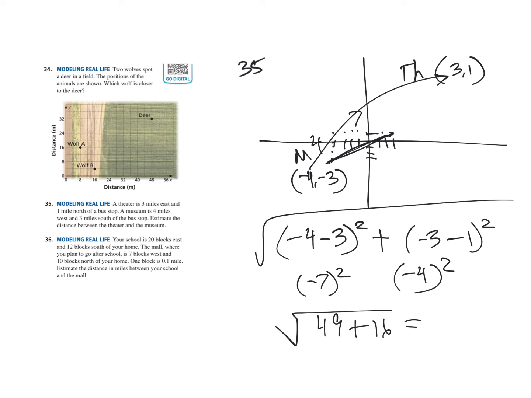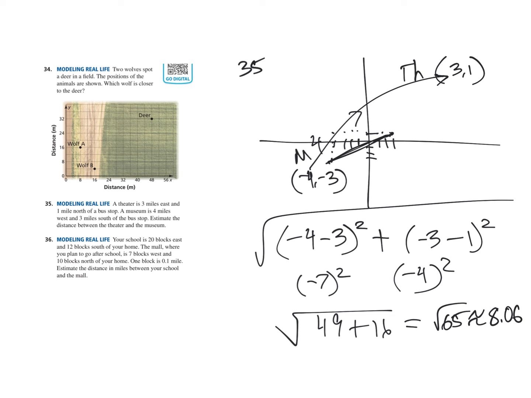Take the square root. You get the square root of 65. And you use your calculator to figure that out. And you get, let's see, about 8. Just a little bit over 8, because 8 times 8 is 64. Square root of 65 is 8.06.